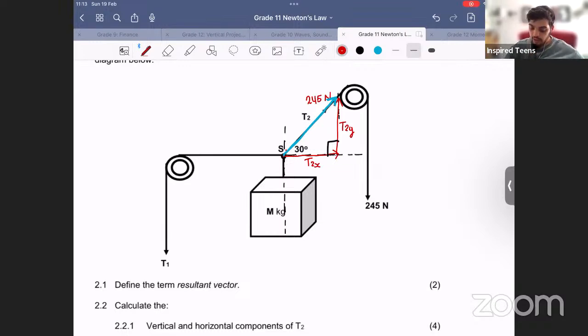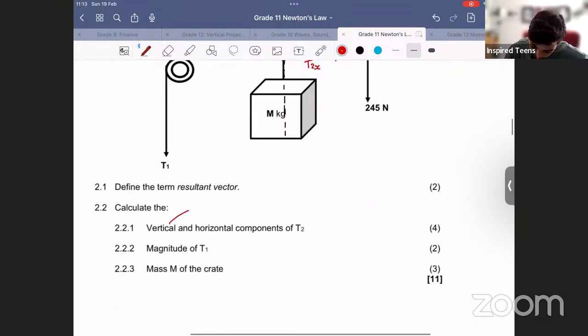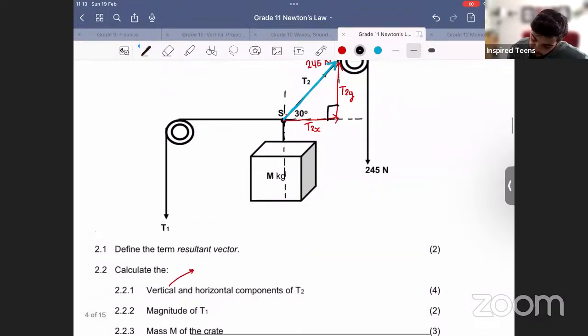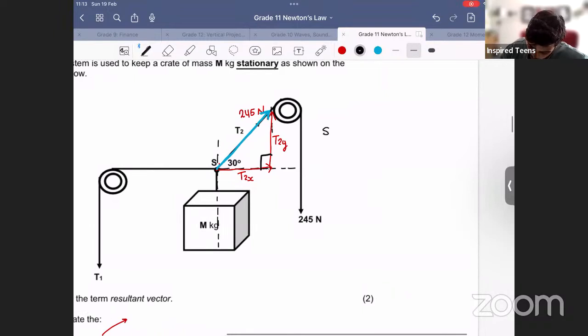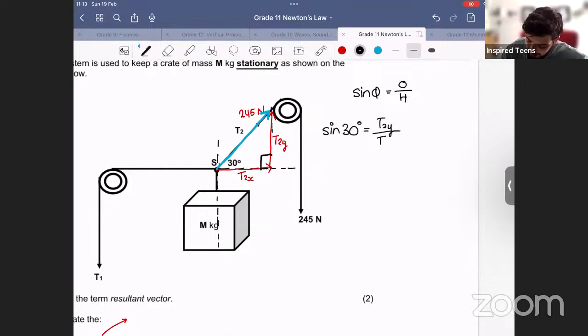If we have to calculate the vertical first, we need to describe the vertical in terms of the angle, and it is its opposite. Since it's opposite, we're going to use sine. Sine 30 is equal to, remember, sine theta is opposite over hypotenuse, so T2y over T2 itself.